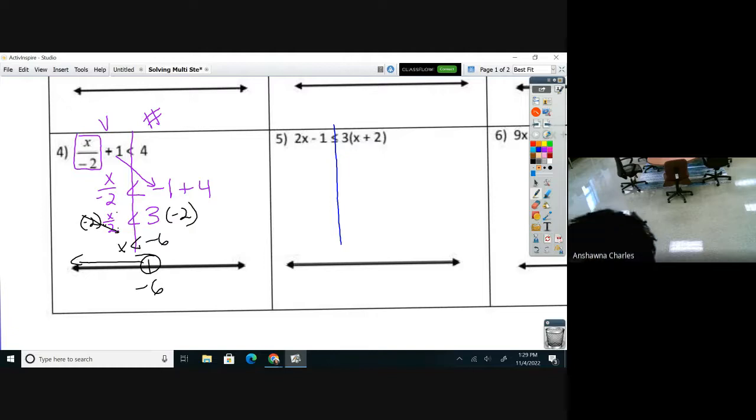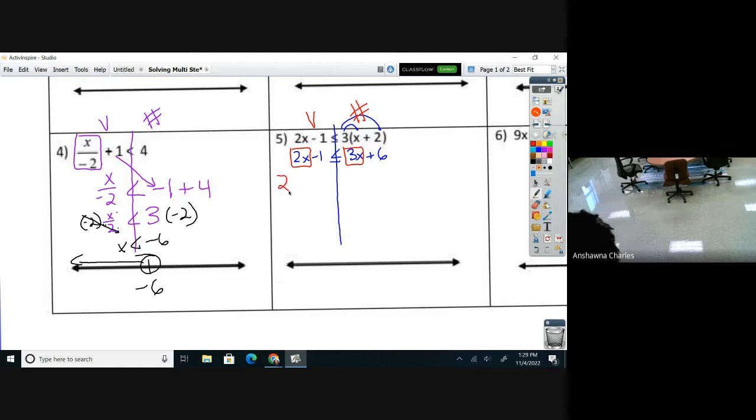So we draw a line through our inequality. We're going to distribute. So I'm left with 2x minus 1 is less than or equal to 3x plus 6. Okay. So then I draw a box around all my variables, 2x, 3x. I put my variables on this side, numbers on this side.